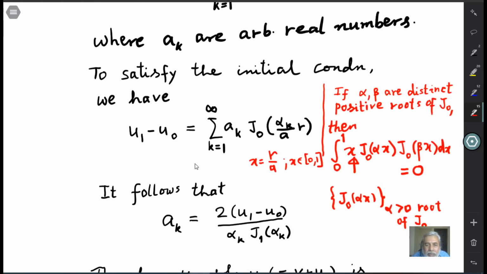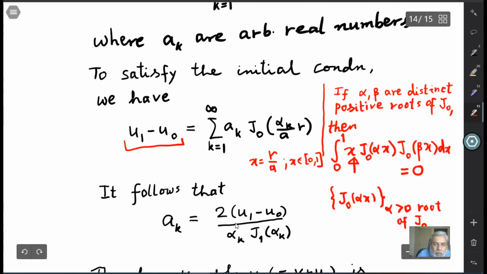So AK is given by this number, and at this stage you also realize that this u1 minus u0 can be replaced by any function phi of r by a, and that you express as a summation using these Bessel functions, and that is termed the Fourier-Bessel expansion.